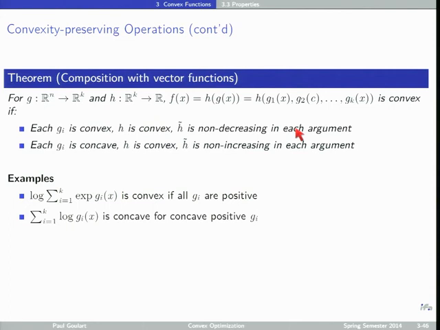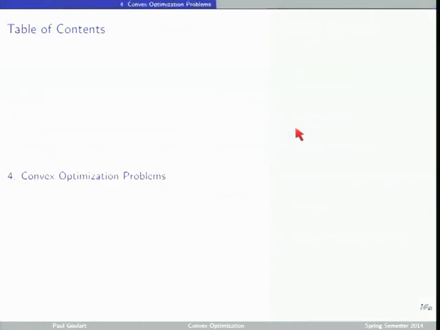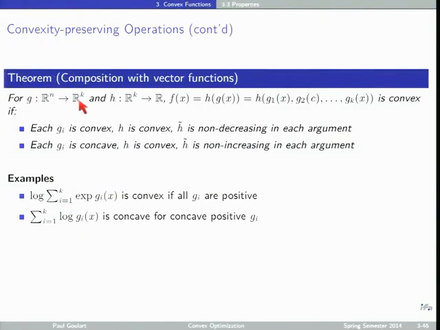So g would be a function mapping R^n into some new, maybe different sized vector. And this has to be a convex function in each component, and then each component of h has to also behave itself along the lines of the scalar case rule. So basically, this is not any different from the scalar case. It just says that you're allowed to combine convex functions in certain ways and not screw up the convexity. So this is just something to bear in mind.